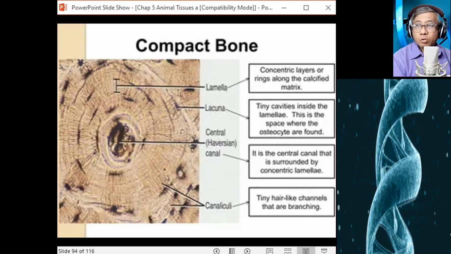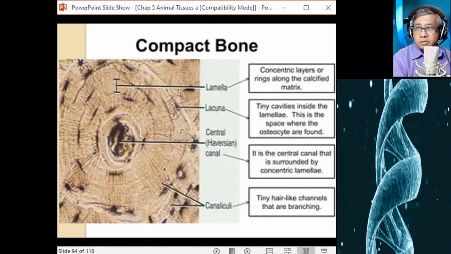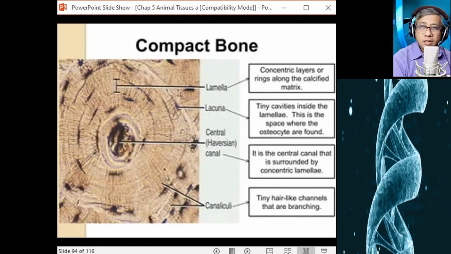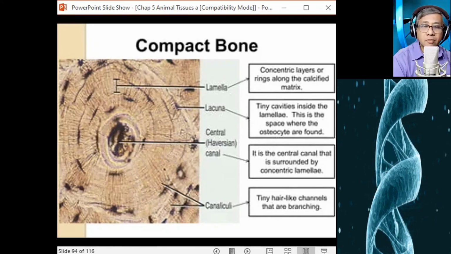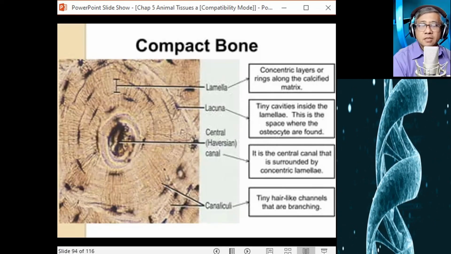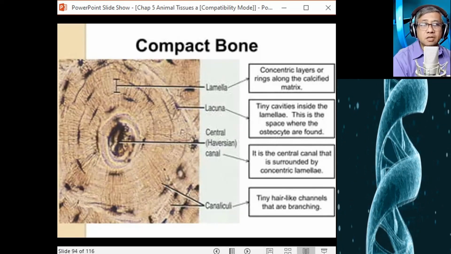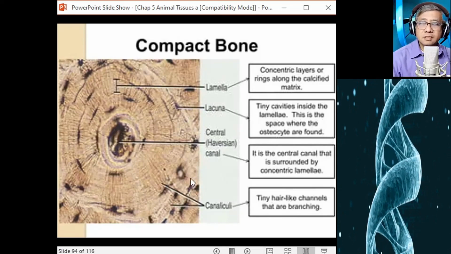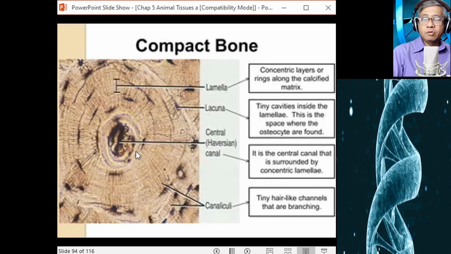And if you look closely at an osteocyte in its lacuna, the osteocyte is surrounded by hair-like channels. So parang mga maliliit na channels surrounding the osteocytes. We call them the canaliculi. The canaliculi are tiny hair-like channels that are branching and surrounding the osteocytes. Ayan, no? Alright, so that's the structure of bone tissue.